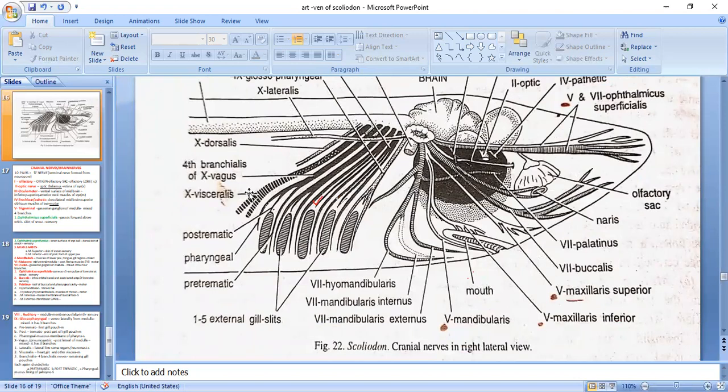And then this one is the 10th visceralis, which innervates the heart, lungs, gastrointestinal tract, liver, kidney, pancreas, all those viscera. So they are connected by this 10th visceralis.